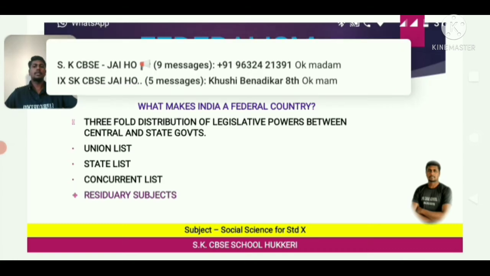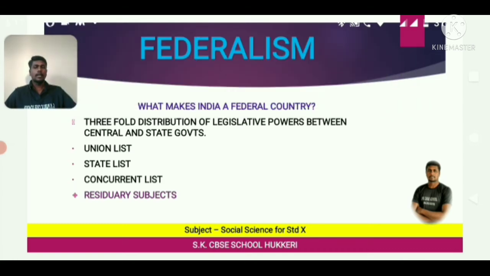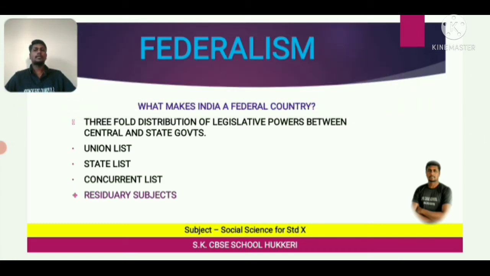And we can understand this even more. There are some states. Already you know that we have states, and recently Jammu Kashmir was withdrawn from its status as a state and divided into two union territories.